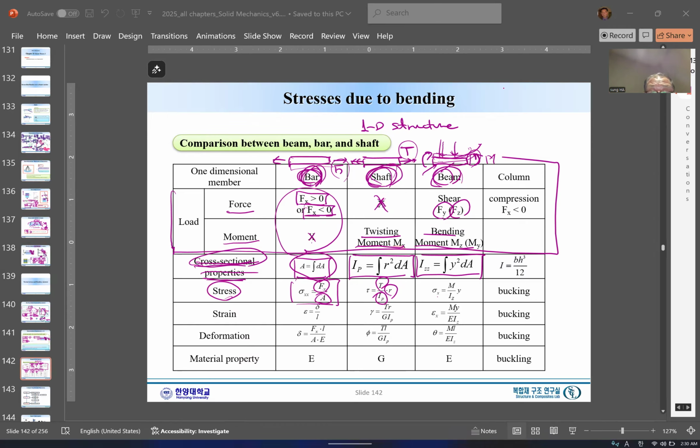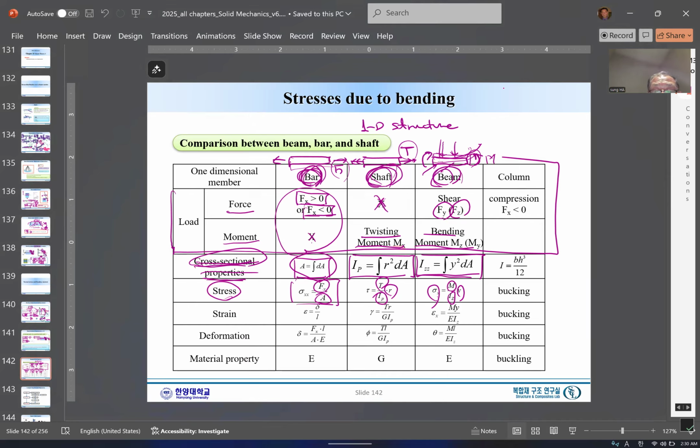The polar moment of inertia is given like that, and very similar to the others, the sigma x bending stress is given as a force divided by A, and then proportional to y.